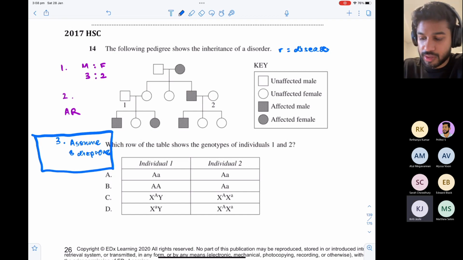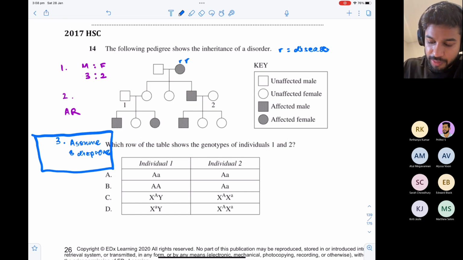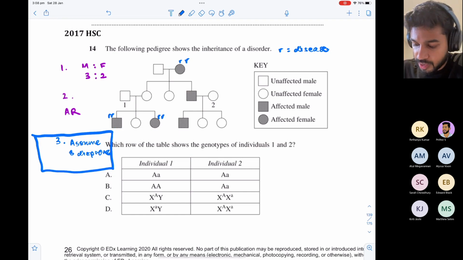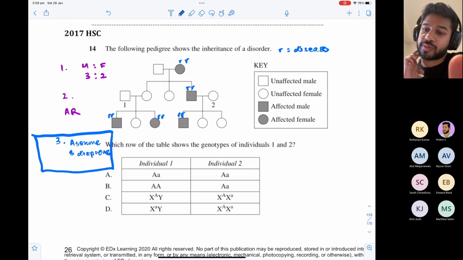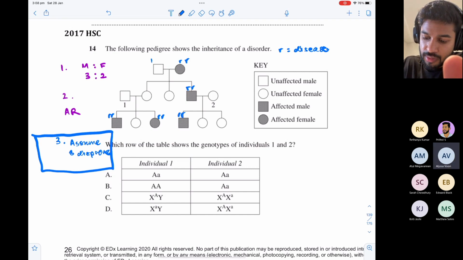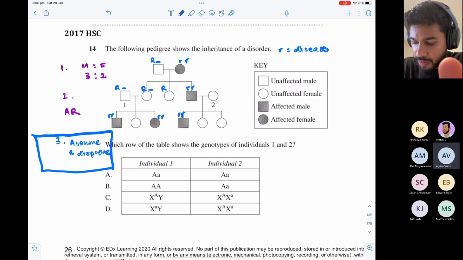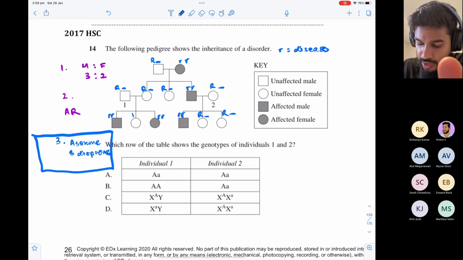Little r, little r. Good, so you can just go little r, little r, little r, little r. I'll write it at the top. Little r everywhere, right? And Alyssa, what would every single person who's unshaded, what would their genotype be? Capital R and then anything. Good, right? Capital R dash, capital R dash, capital R dash.